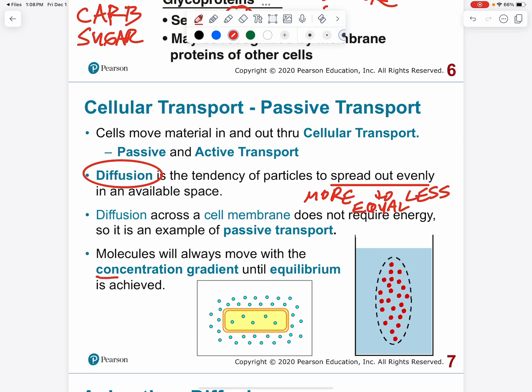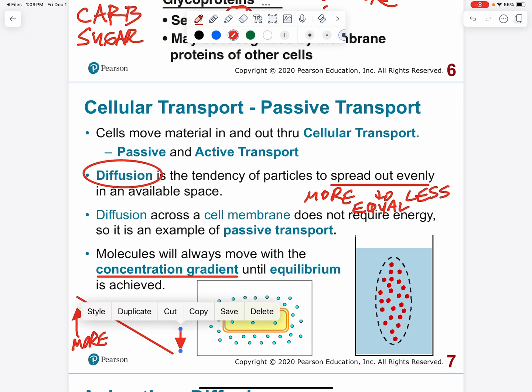So here is a phrase that describes that. Instead of saying more to less, you call it going down the concentration gradient. I'll draw like a ski hill right here. I'll put an up arrow right here, which means that this is where there is more. And then a down arrow right there, which means that this is where there is less.